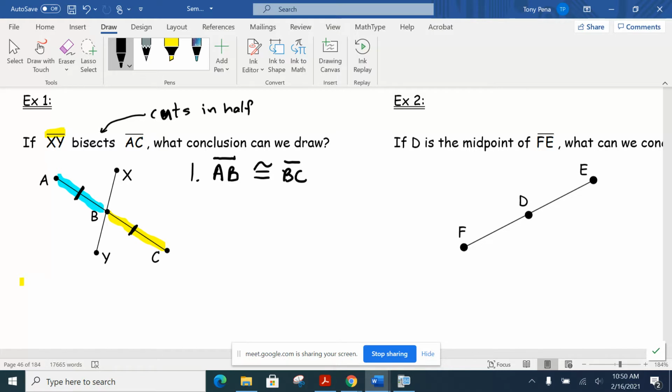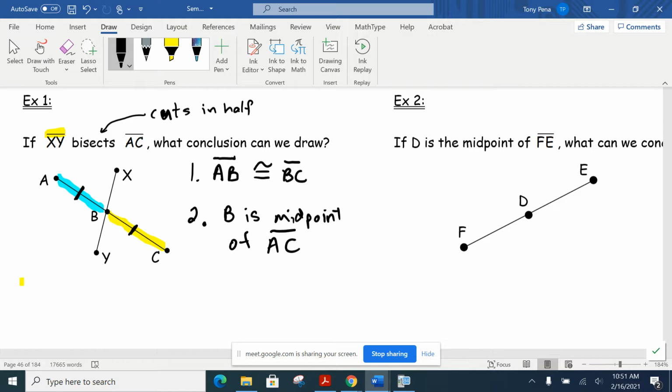So AB and BC are congruent. The second thing we can conclude is, if this blue segment is congruent to the yellow segment, which is what we said in number one, then using one of our vocab words from above, B is the midpoint of segment AC.